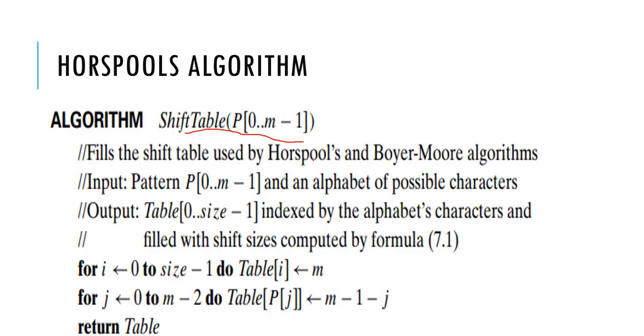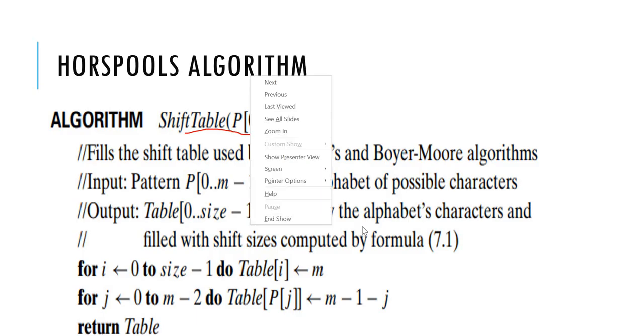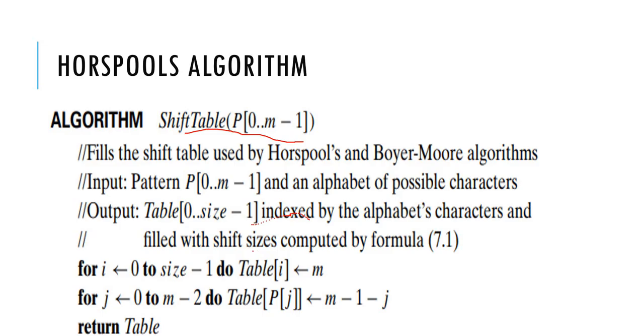Then you determine how many shifts you need for the pattern, and the output is a table you should create with the alphabetic characters filled with the shift sizes computed by the formula. So how will you do it? 0 to size minus 1, that is m minus 1, or whatever the table size is.